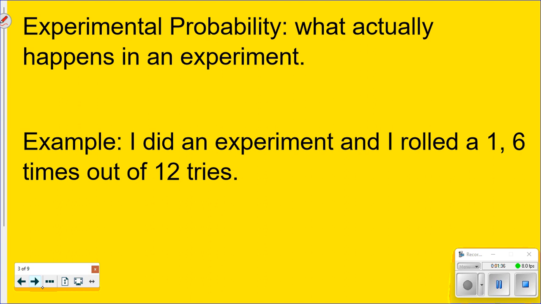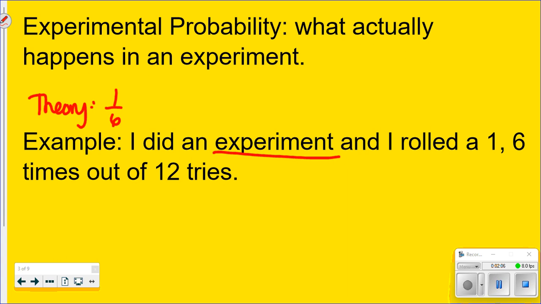Now, experimental is what actually happens in the experiment. You can find experimental probability by actually running an experiment and thinking about what happens. Before, we said that to get a 1, it was going to be 1 out of 6 in theory. Now, let's say this person did an experiment, and I rolled a 1 6 times out of 12 tries.